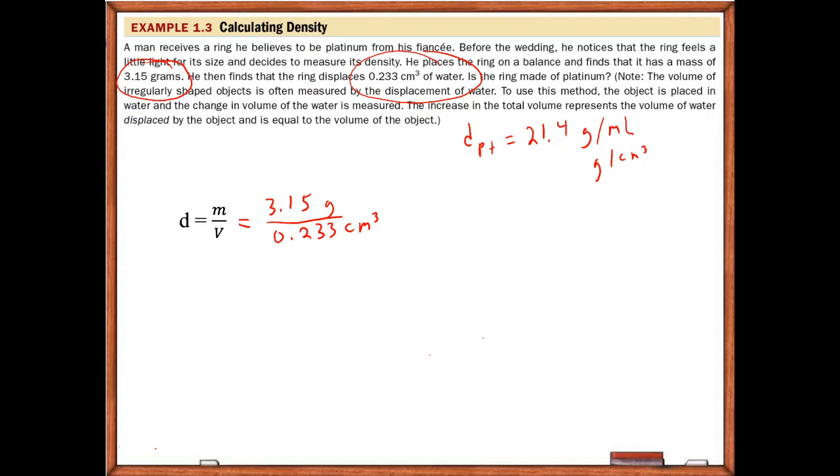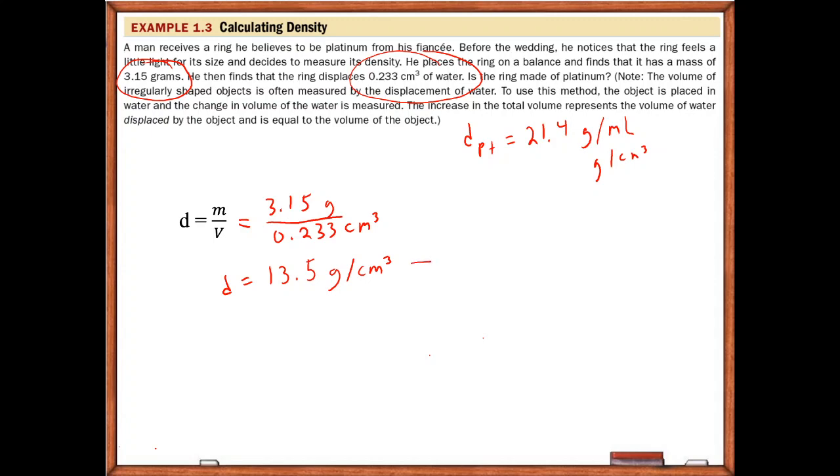Now if you just run that math real quick, divide 3.15 by 0.233, you're going to end up with a density equal to 13.5 grams per centimeter cubed.